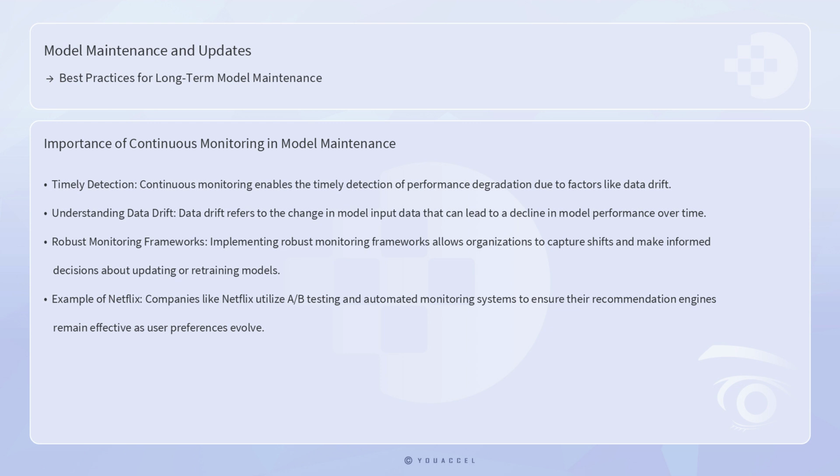Implementing robust monitoring frameworks allows organizations to capture these shifts and make informed decisions about when to update or retrain their models. For instance, companies like Netflix utilize A/B testing and automated monitoring systems to ensure their recommendation engines remain effective as user preferences evolve.